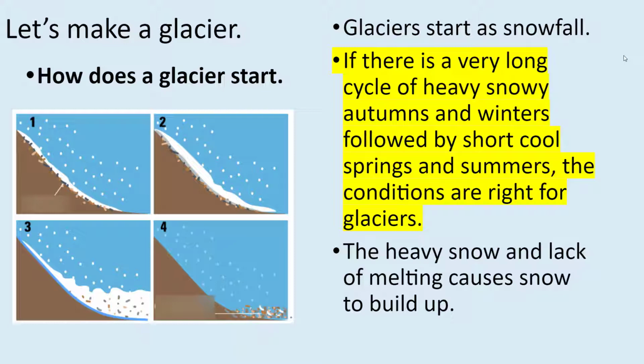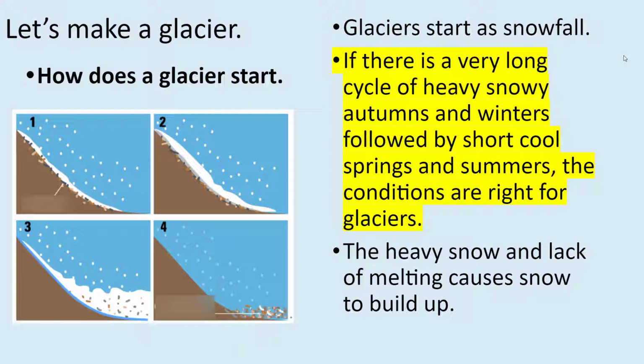But there's a misconception when it comes to glaciers, and let's talk about that in our second point. In our second point, you guys, if you have a very long cycle of heavy, snowy autumns and winters, followed by cool springs and summers, the conditions are right for glaciers. So we have this misconception that glaciers are all about these long, endless winters, and that's actually not the case at all. You can have summer and still make glaciers.